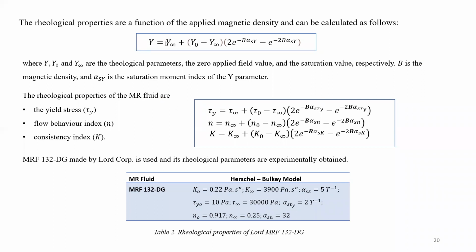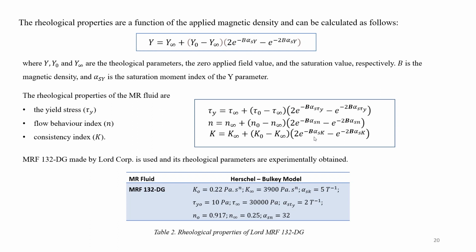y is equal to this. We can express the rheological property as a function of the magnetic flux density that we have calculated like this, and the yield stress we have expressed in this form. And n, this is not very important. This is simply a mathematical modeling we have done. The flow index behavior we have expressed, and the consistency index k we have expressed.